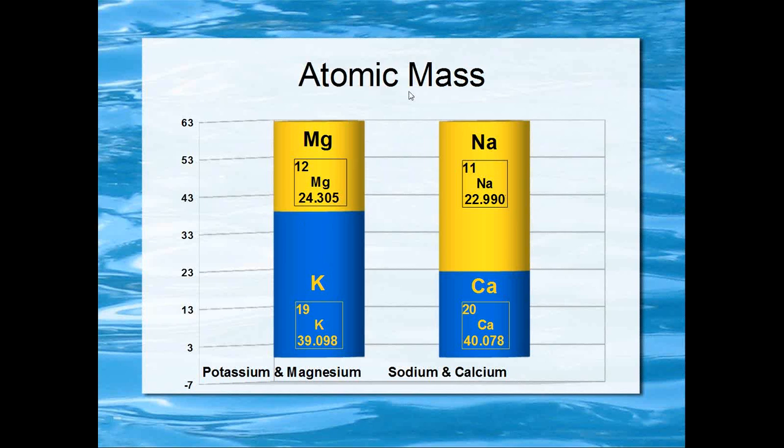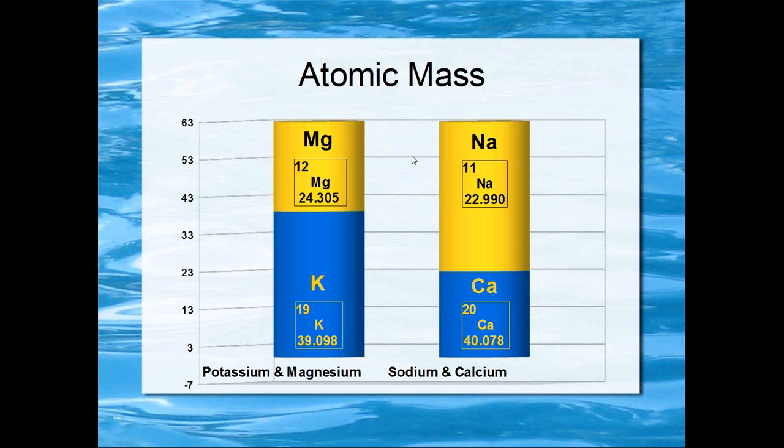And so just so that you see how intricate the body is, when you put potassium and magnesium and they work together, they come to a total atomic weight of 63. When you put sodium and calcium together, their atomic mass is equivalent also to 63. So does the body know what it's doing or what?